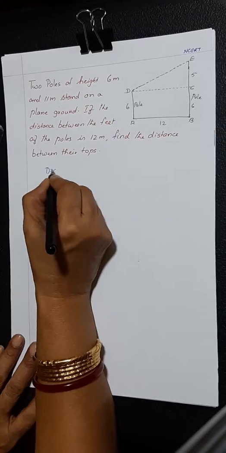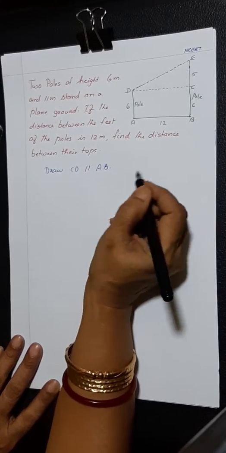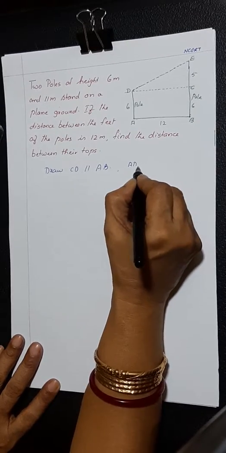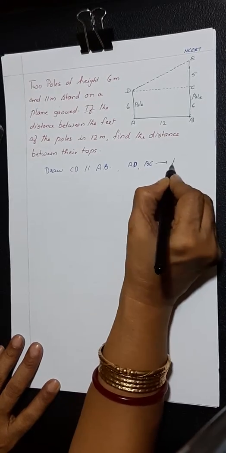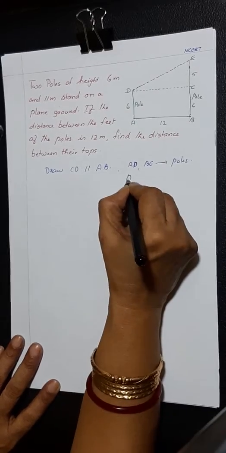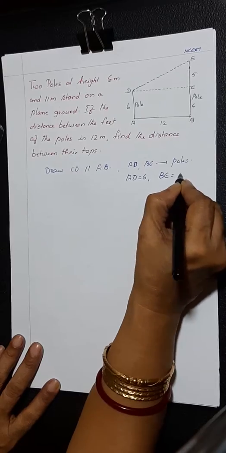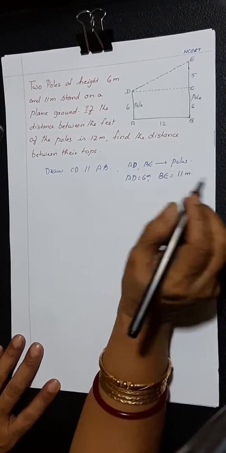So draw CD parallel to AB. AD and BE are the poles, where AD is equal to 6 and BE is equal to 11, that is 6 meters and 11 meters.